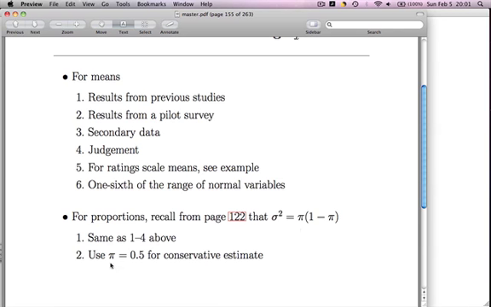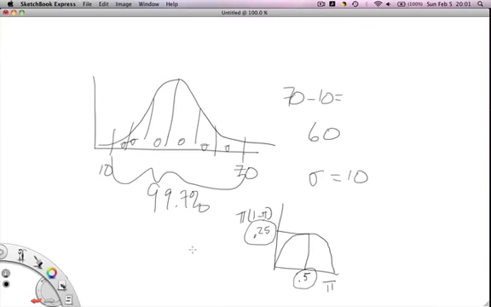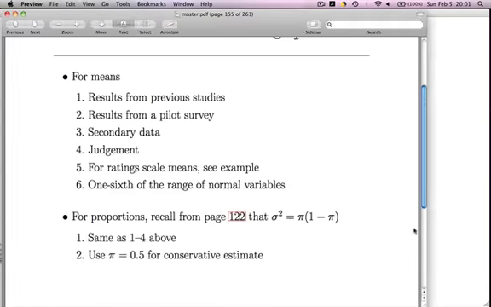And so that's what the second bullet means. If you have additional information where you, for example, know that that proportion would never exceed, say, 0.2, well, if that's the case, then the variance would never exceed 0.2 times 1 minus 0.2, which is 0.8. So 0.16 would be your estimate of the variance if you knew that the proportion would never exceed 0.2.